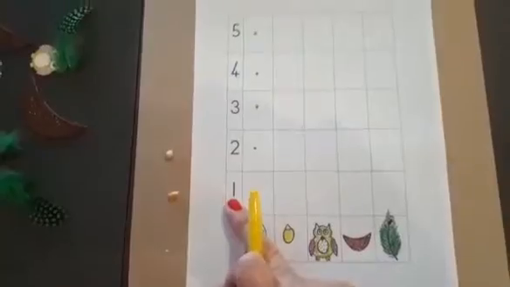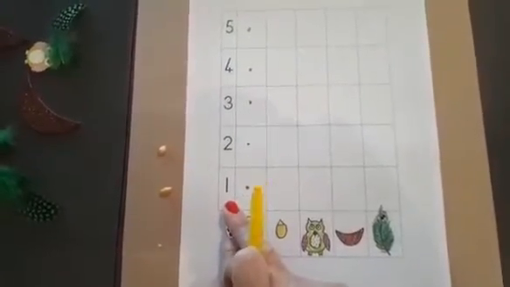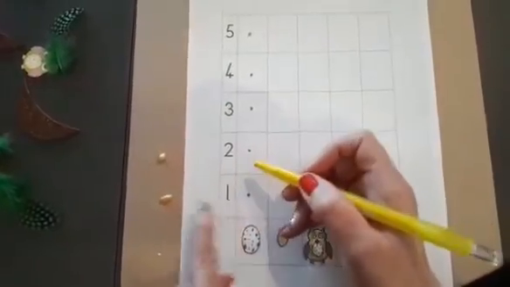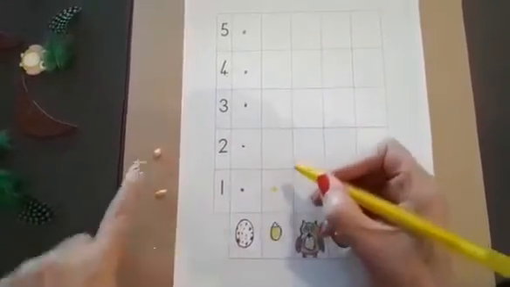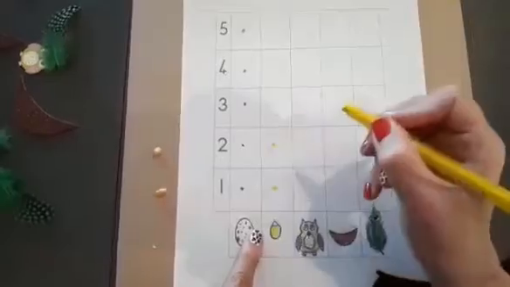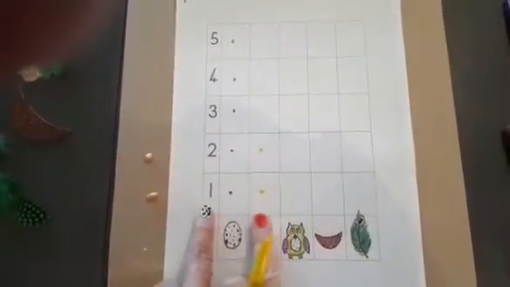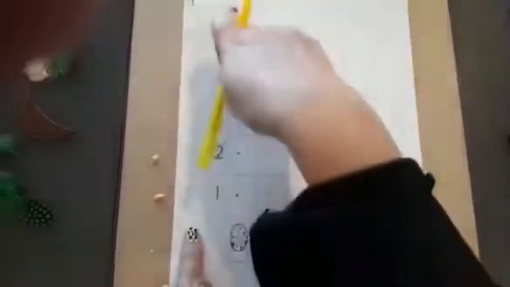See, there's number 1. We count from number 1 to 5. So we start at the bottom. There's 1 and there's 2. Not from the top down to the bottom. Always from the number 1 up to the 5. Now let's put them aside.